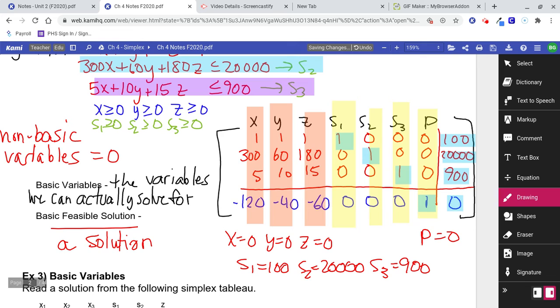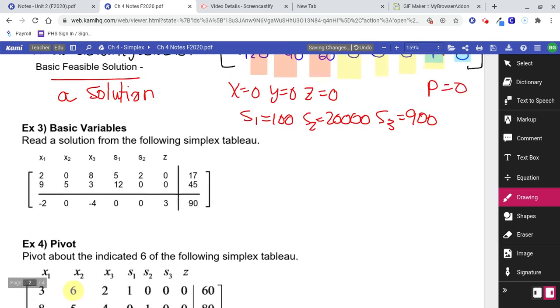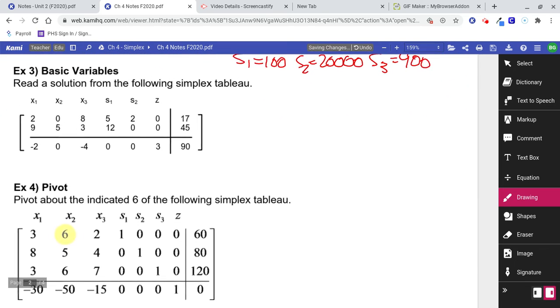Okay, that would be one of the solutions. If we could graph this thing in 3 dimensions, we just found one of the corners. That profit's not the maximum profit, though, so we would have to look at one of the other corners. Okay, that's probably the hard part about today.